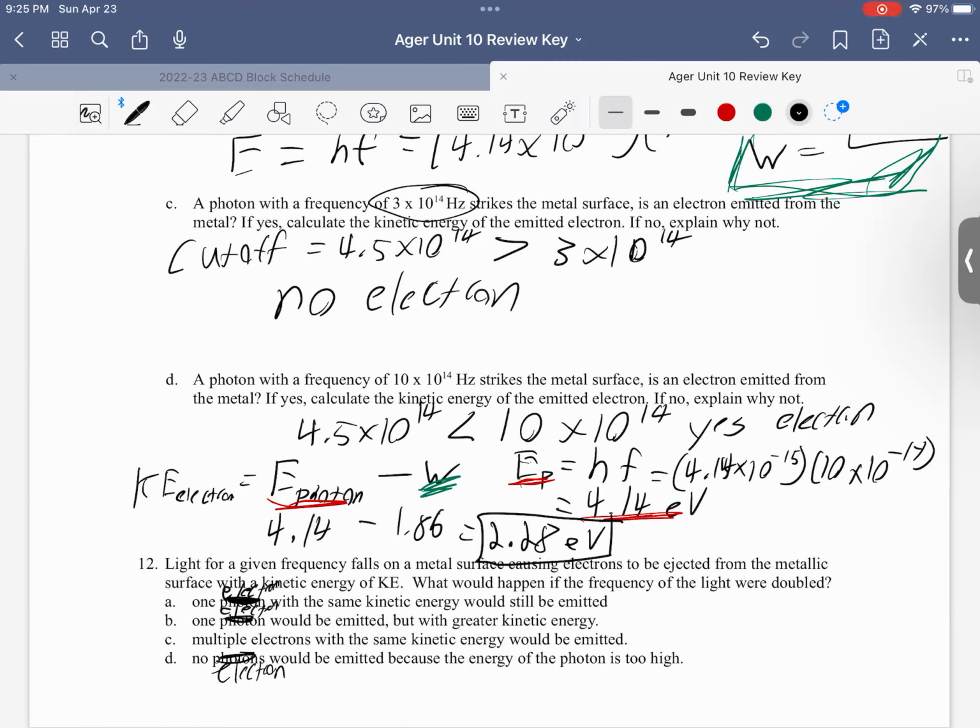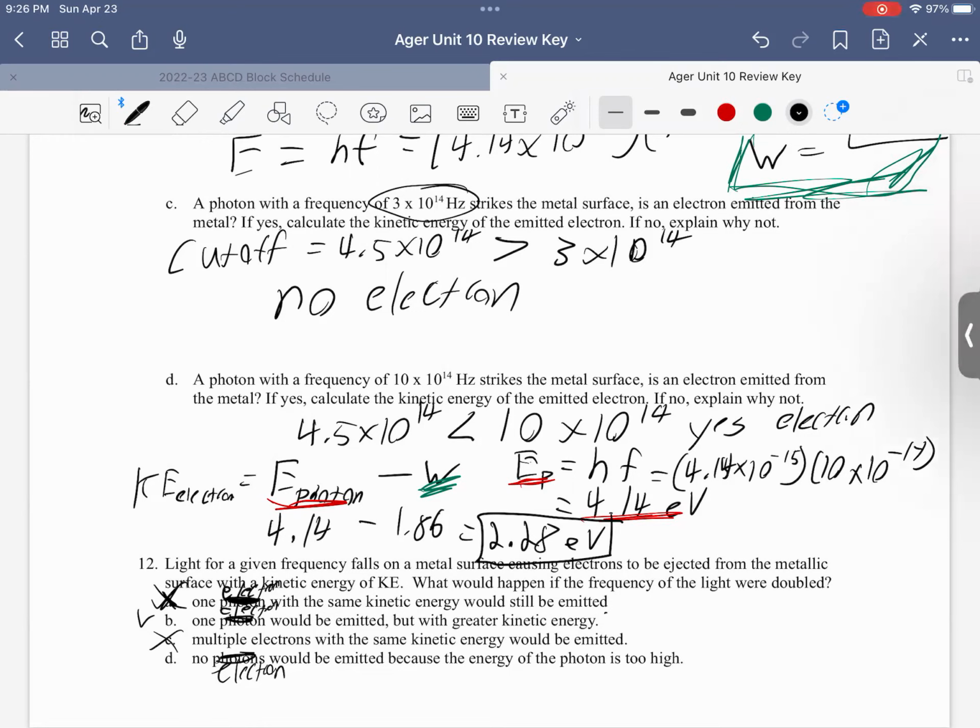Let's try this again. One electron with the same kinetic energy. Well, that's not right. One electron would be emitted, but with greater kinetic energy. That's sounding pretty good so far. Multiple electrons with the same kinetic energy. No. This is a really big one. One photon can only cause one electron there.